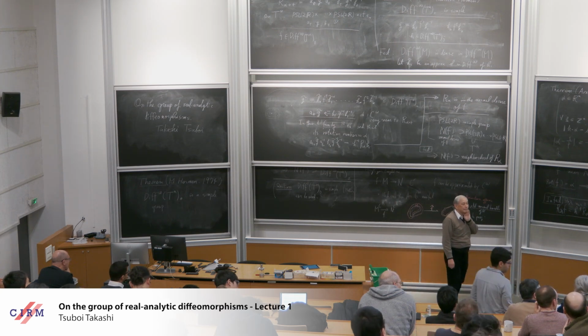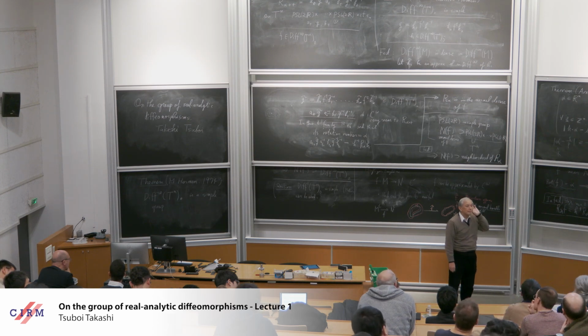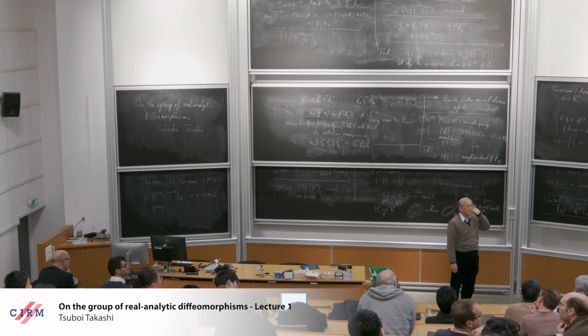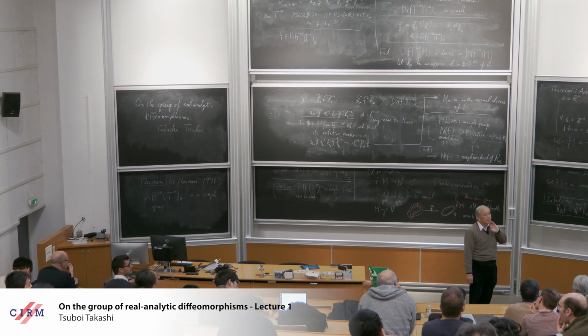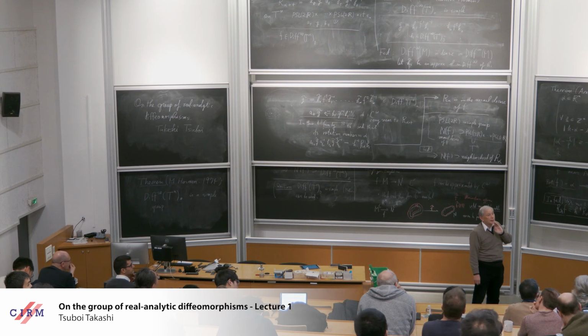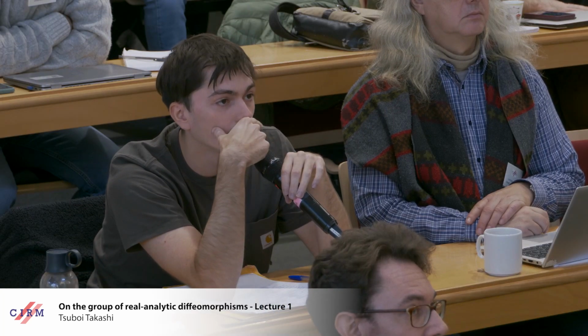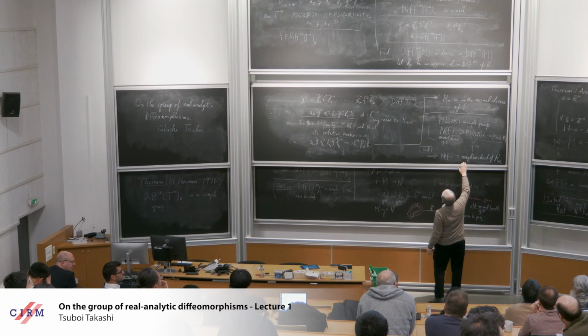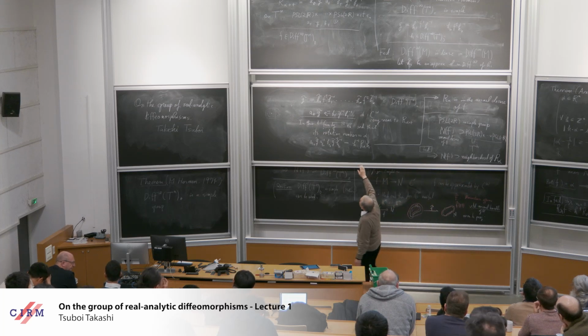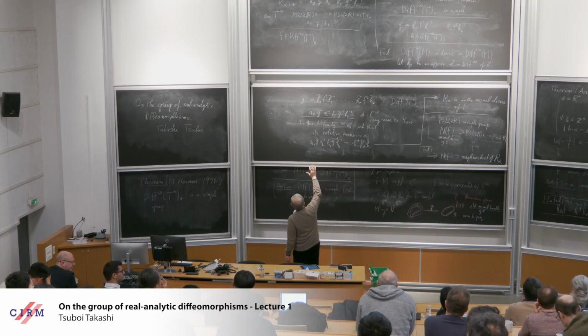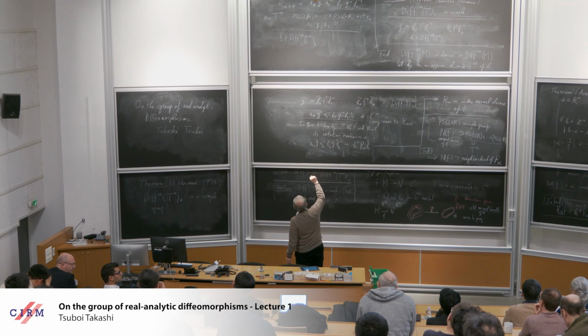So we established in the second model that the rotation with angle alpha is in the normal closure of F, but it is true for alpha Diophantine, right? Yes. And how do we pass from all the Diophantine angles to all angles after?